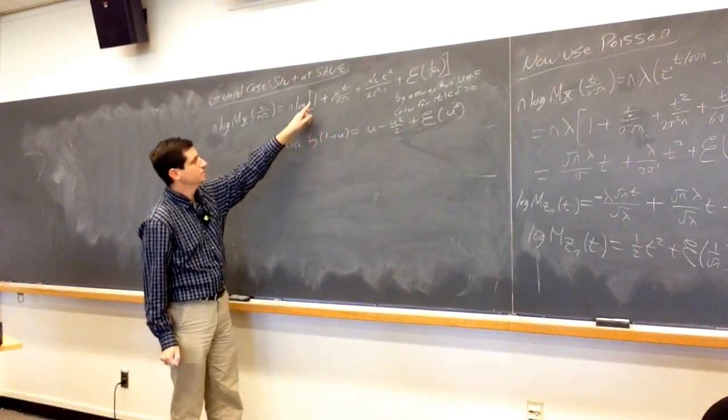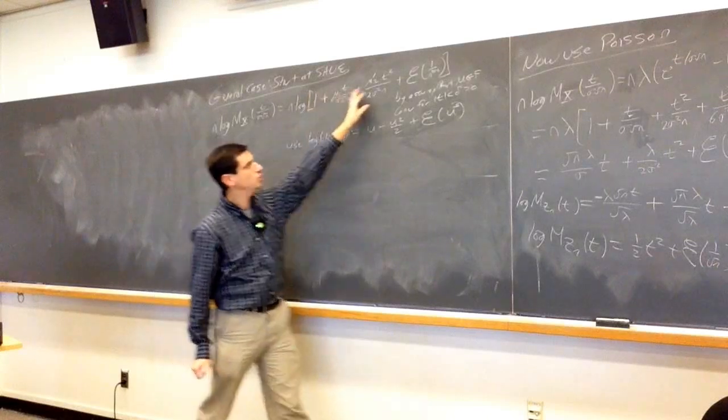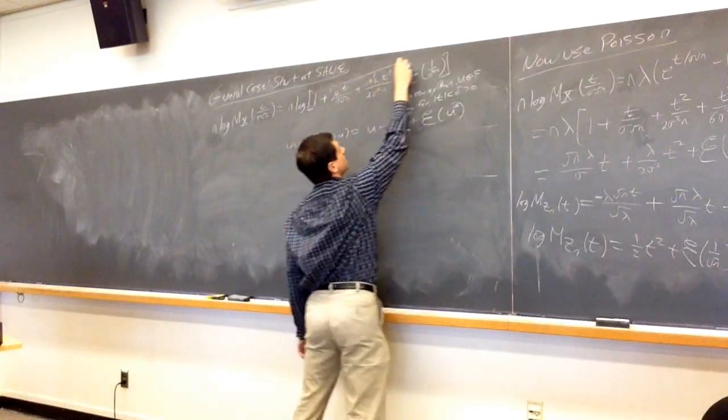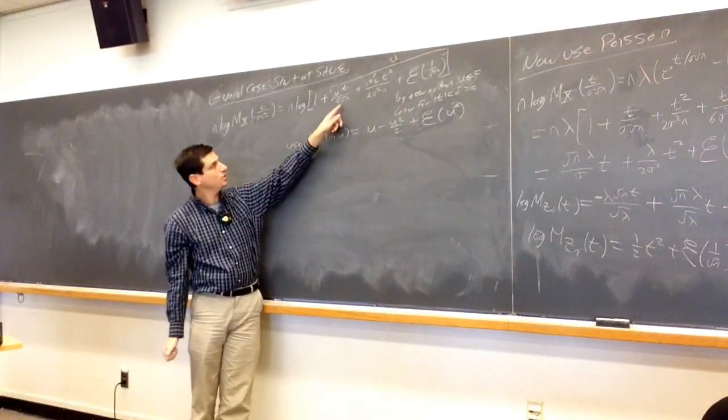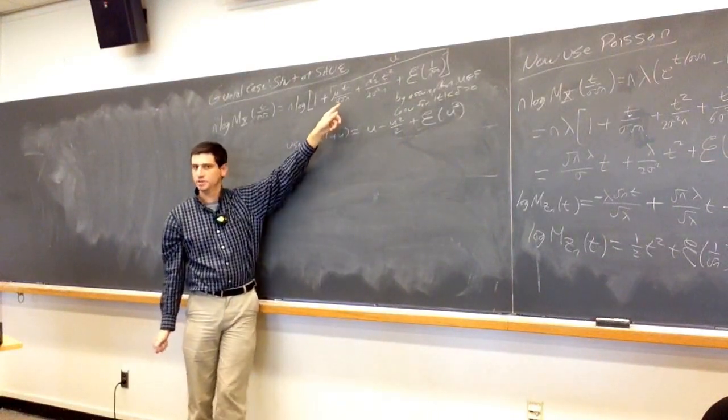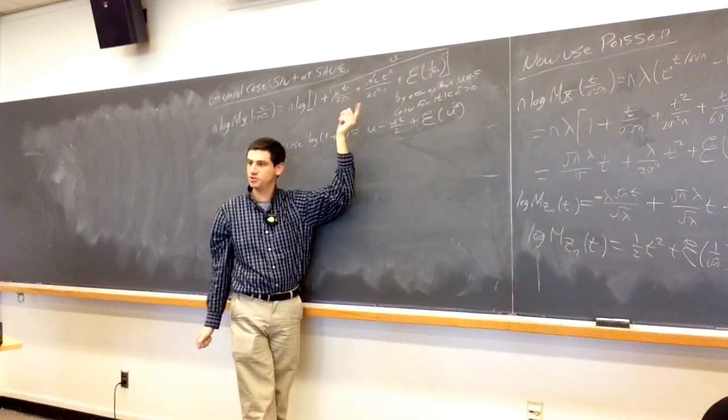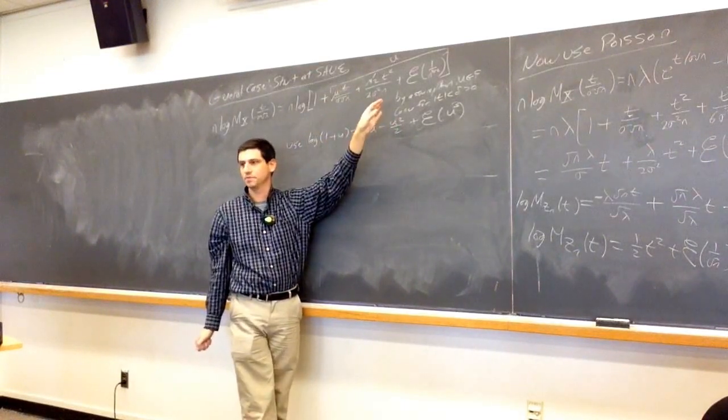When you look at the log of this quantity, this whole mess here is going to be our u. You might want to say that we only have to keep the first term, because the second term is much smaller than the first term. We shouldn't need to keep it at all.